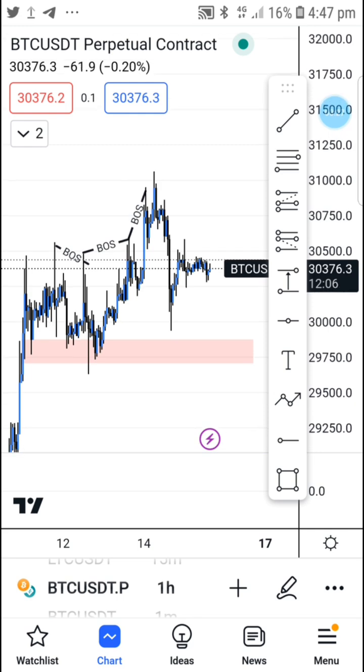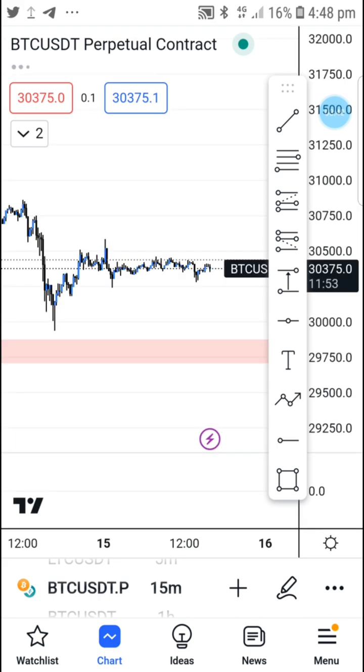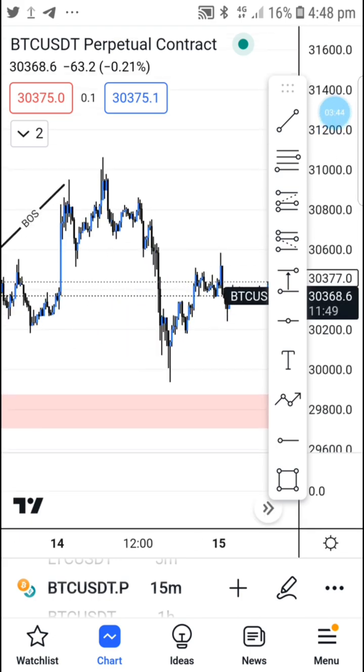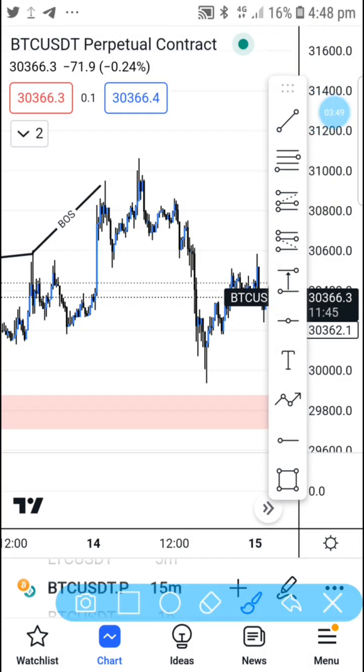Since we have identified our break of structure, the next thing we need is the change of character. So let's move on to the lower time frame, 15 minutes. When it has been creating new highs, I forgot to tag that place.